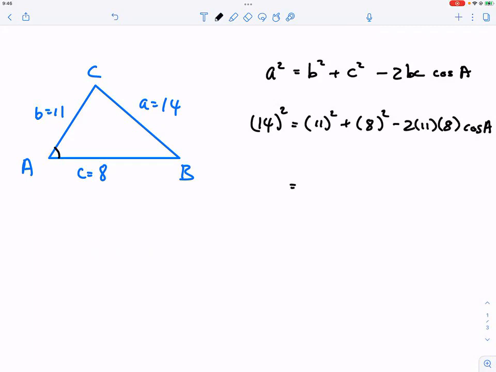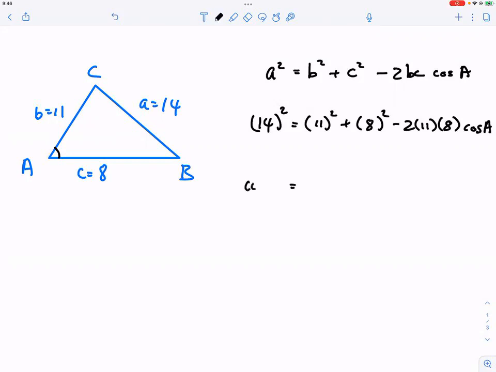So I have 14 squared, which is 196, minus 11 squared, which is 121. Well, you have 75, minus 64, and then divided by negative 2 times 11 times 8.